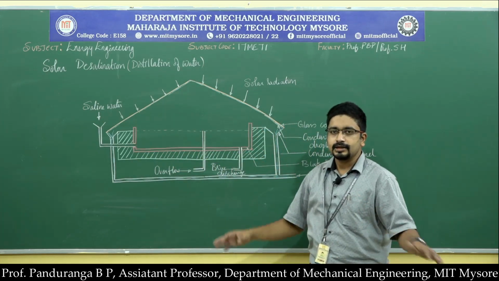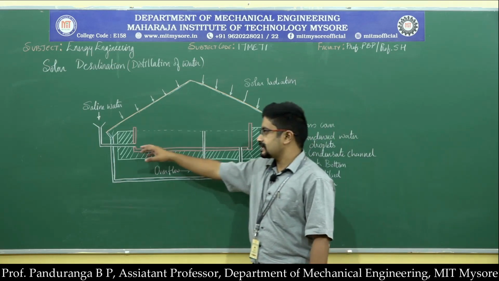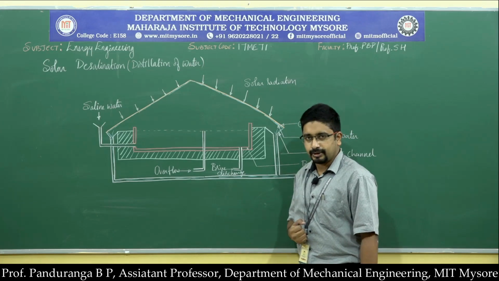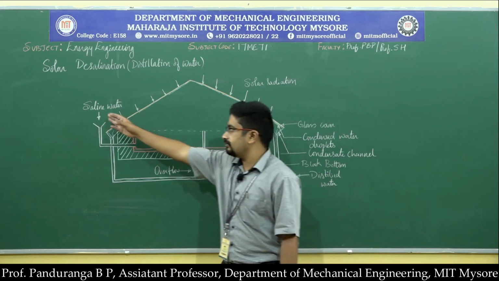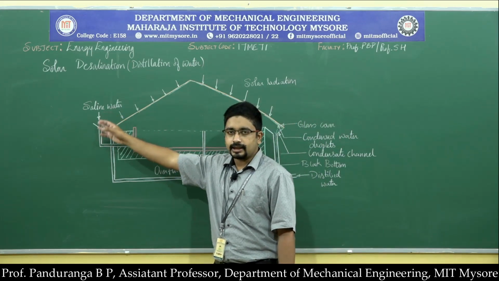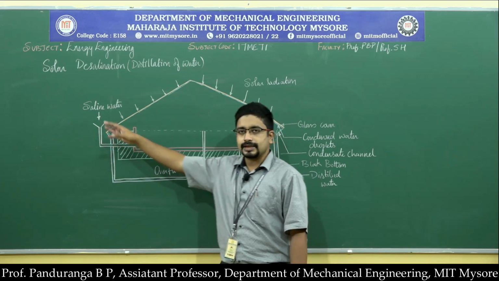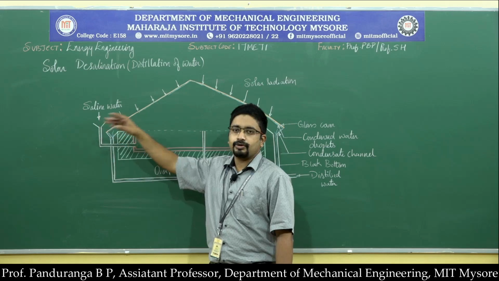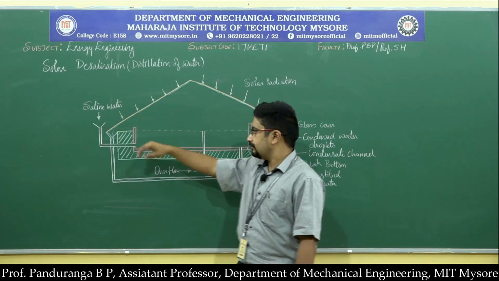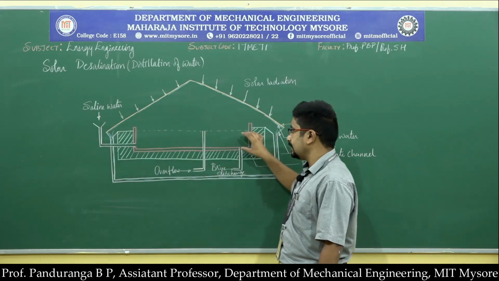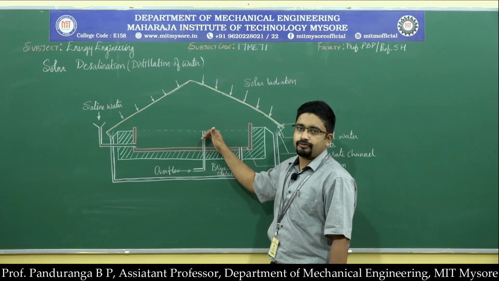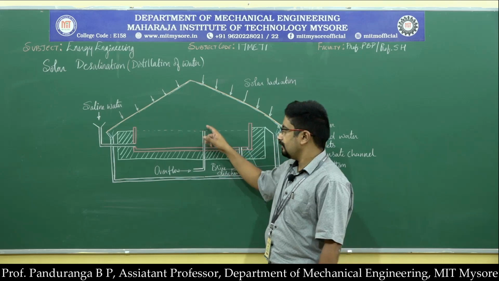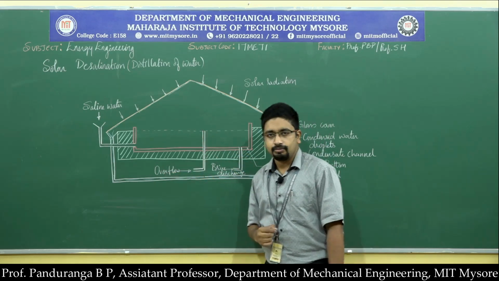So we have a shallow tank which is blackened at the bottom, so that the maximum amount of heat energy will be absorbed. The saline water will be poured or sent into the shallow tank with the help of this pipeline. Here the water gets collected, and after reaching the overflow pipe height, whatever excess water is added will come out of the overflow pipe.